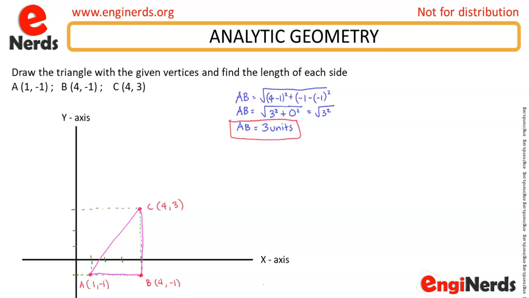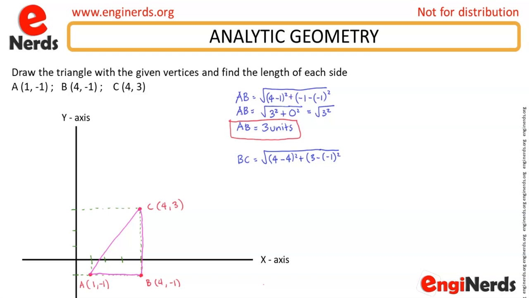Okay? Now, ang kukunin naman natin is yung distance from B to C. So, square root of. So, ang point 1 natin is yung B at ang point 2 natin is yung C. So, we'll have here, ang x2 natin is 4 minus, ang x1 natin is 4. Squared plus, ang y2 natin is 3 minus, ang y1 natin is negative 1 squared.